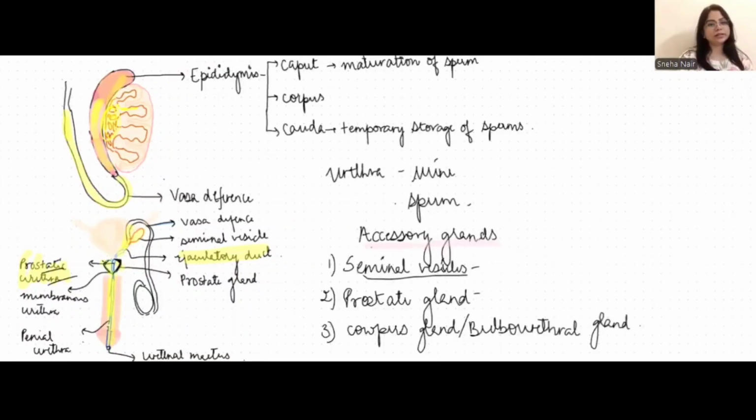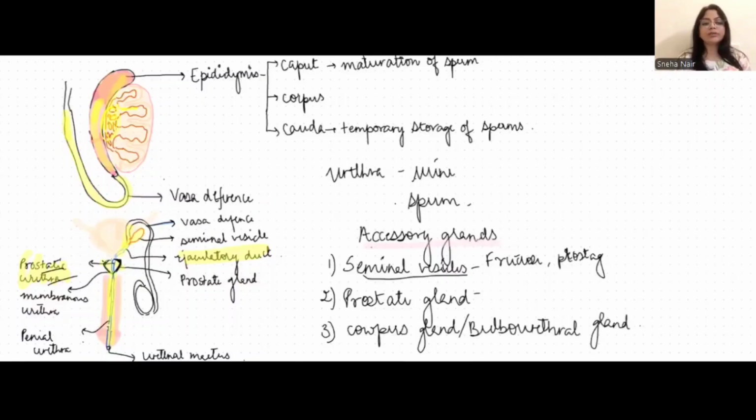So there are three accessory glands in male, that is seminal vesicles, prostate gland, and Cowper's gland, also called as bulbourethral gland. The seminal vesicle forms the main composition of the semen. It consists of fructose, prostaglandins, and various enzymes.